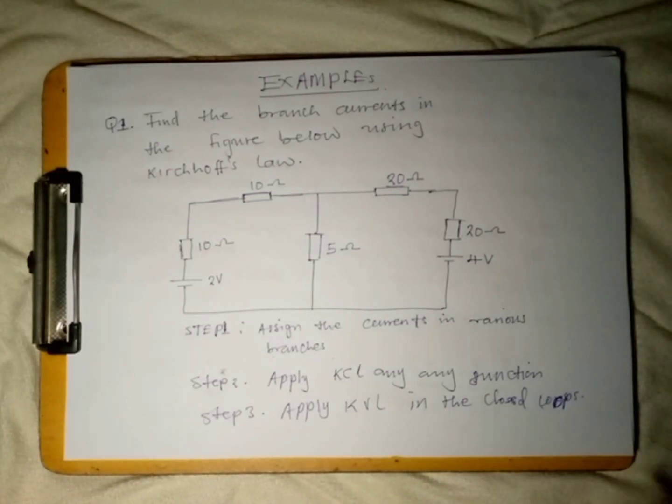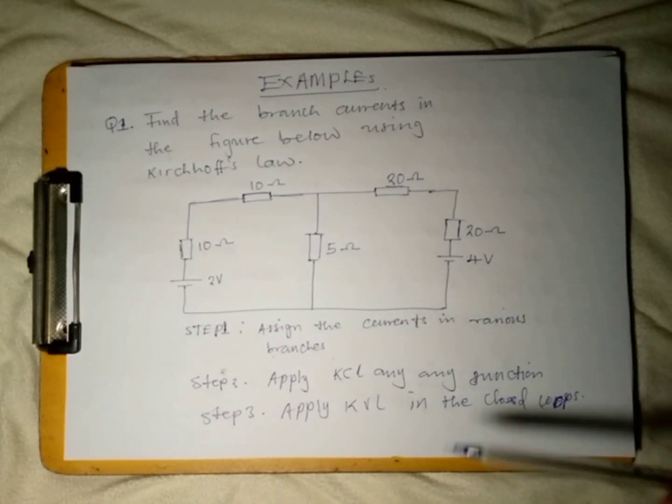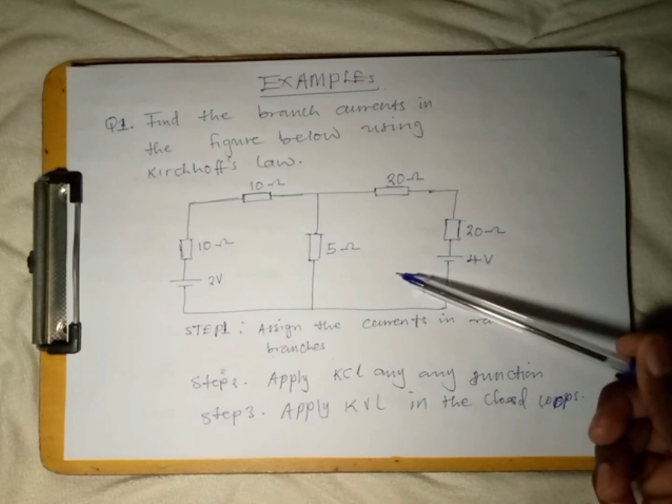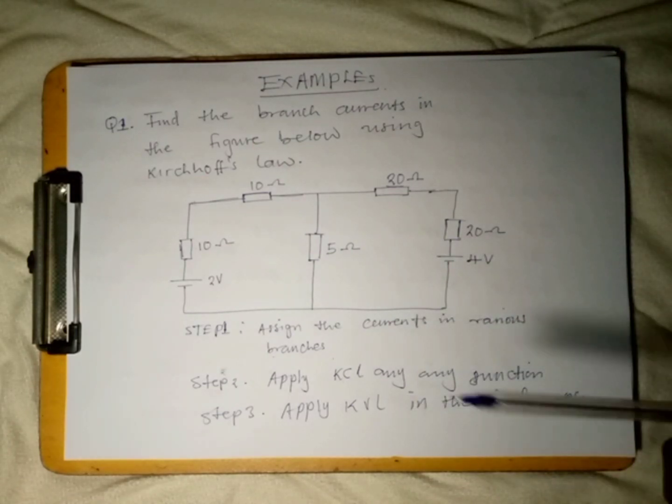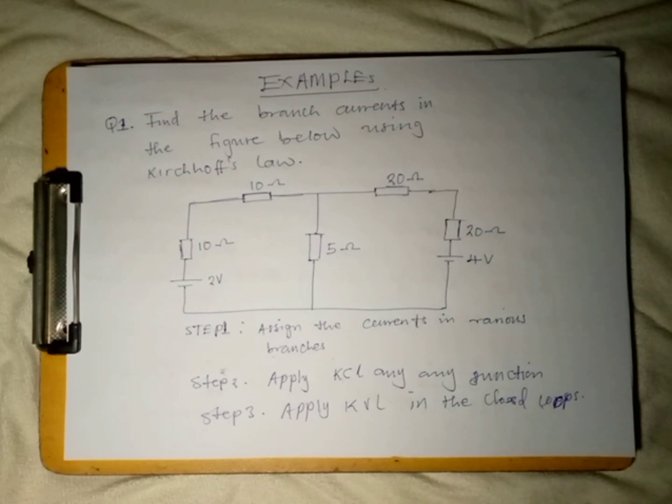So these are the steps that we are going to be taking to solve this question and get the currents in each and every branch. Let's try to follow the same steps until we come up with the final answer.